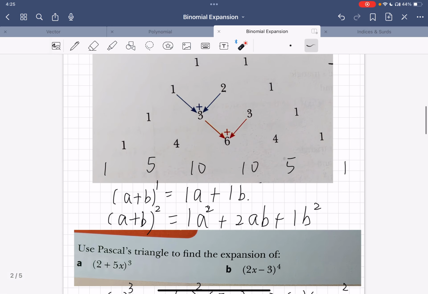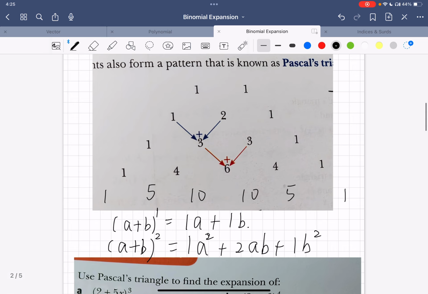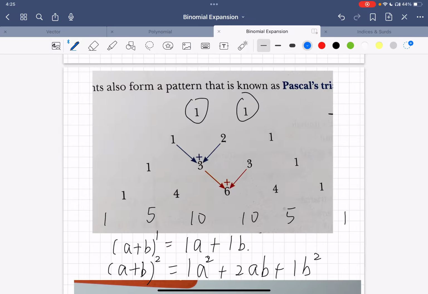And here is another thing I want to highlight. For the nth line, before talking about the nth line, we can summarize a little bit. We can find a pattern here. So 1 plus 1 equals 2, right?